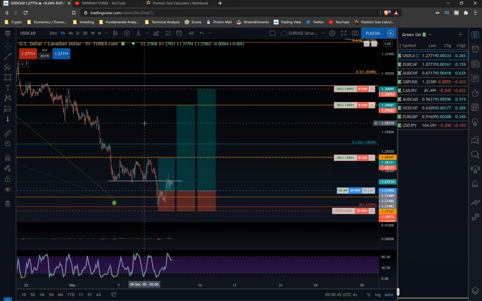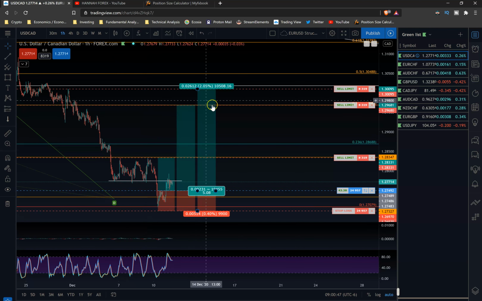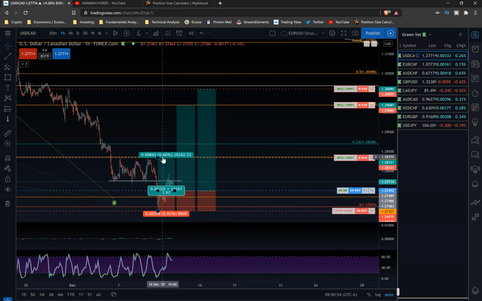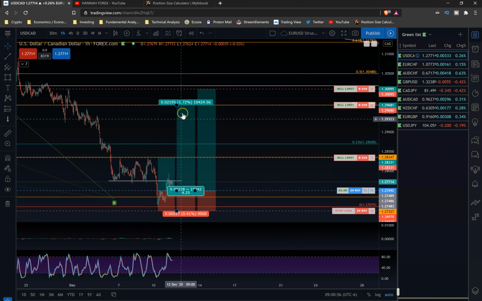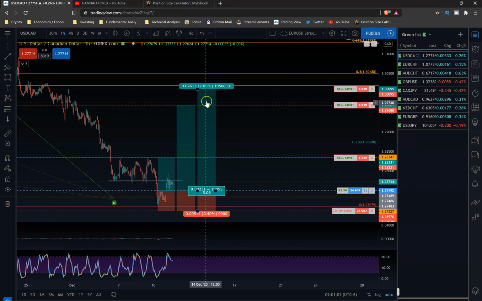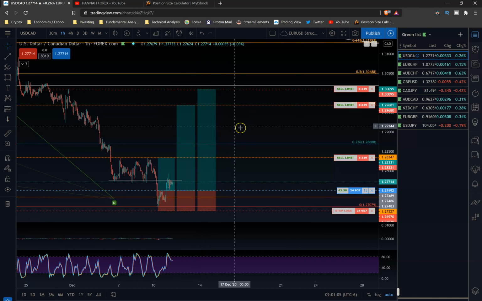It's no telling how long it's going to get to these areas where I scale out. Obviously, scale out 50%, move my stop loss up, hit the second scale out, move my stop loss up to the 50 pip area, and then so forth. I'll trail it in that fashion. But that's where I'm at right now.